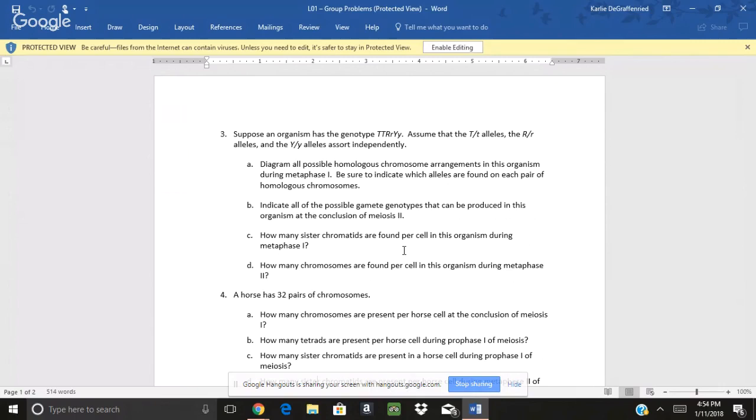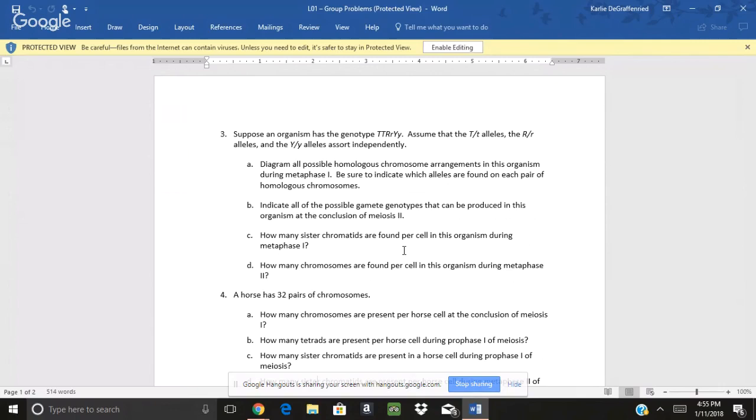You could have capital T, capital R, capital Y. You could have capital T, lowercase r, capital Y. You could have capital T, capital R, lowercase y, or capital T, lowercase r, lowercase y. And we may have multiples of that since there are two alleles of the capital T. I don't know if that makes sense.